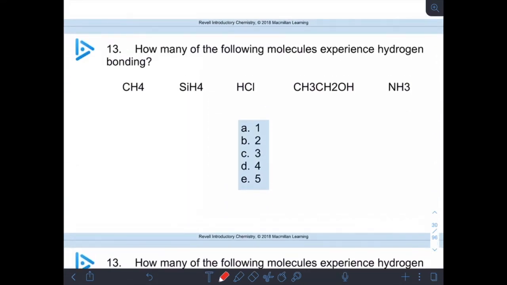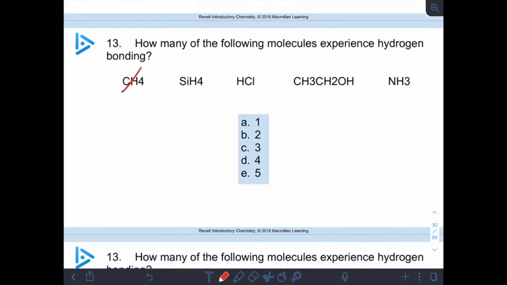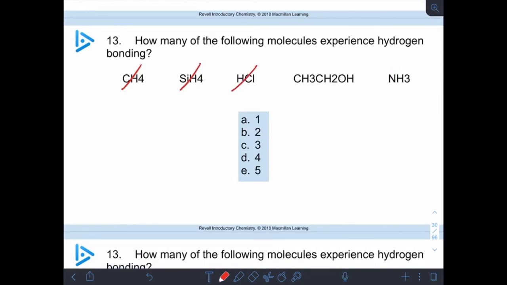How many of the following molecules experience hydrogen bonding? In order to have hydrogen bonding, we have to have hydrogen bonded directly to an oxygen, nitrogen, or fluorine. So we can immediately cancel out anything that doesn't have those 3 elements. No oxygen, nitrogen, or fluorine. No there. No there. So let's look at this molecule. It looks like this.